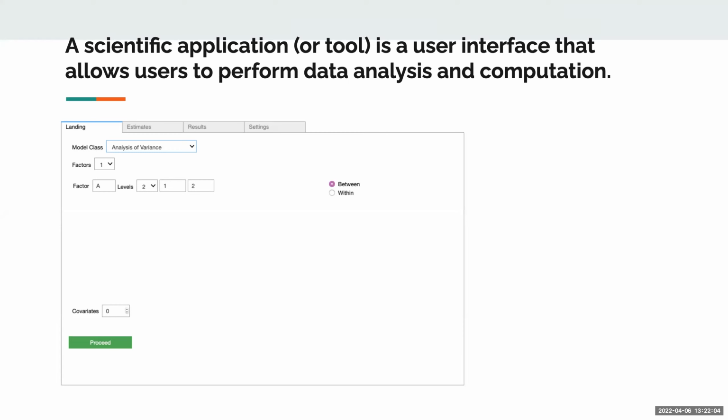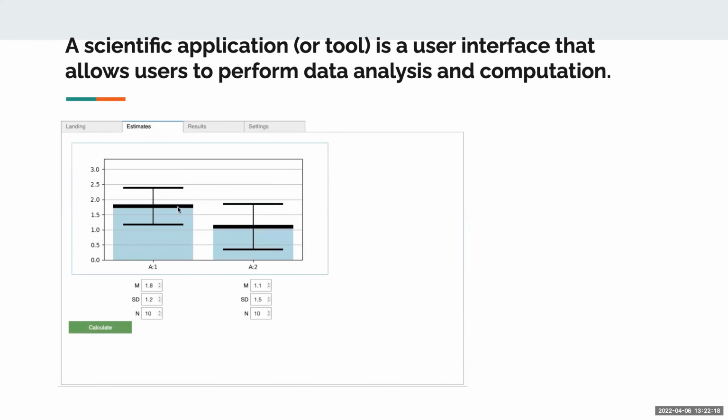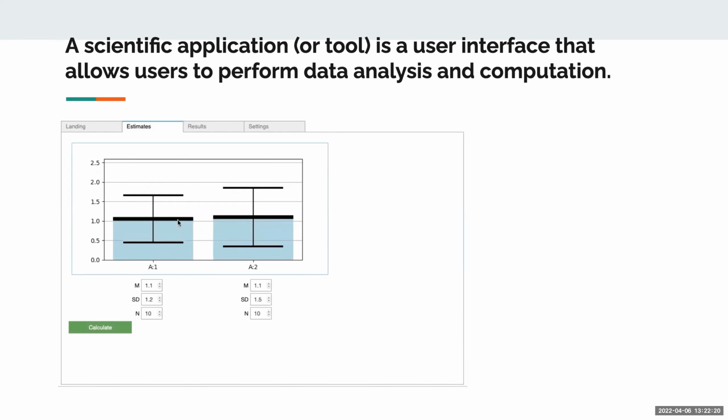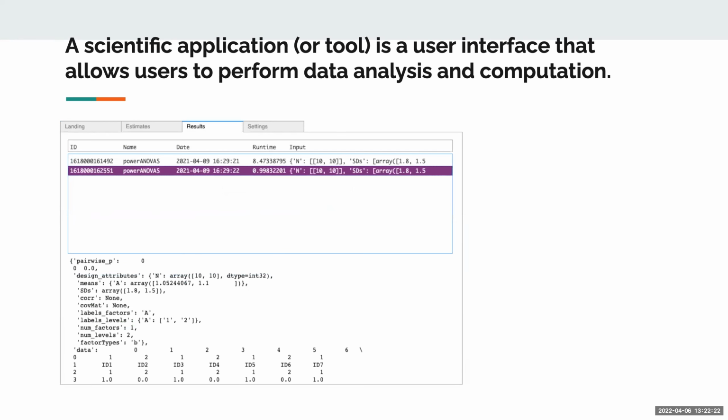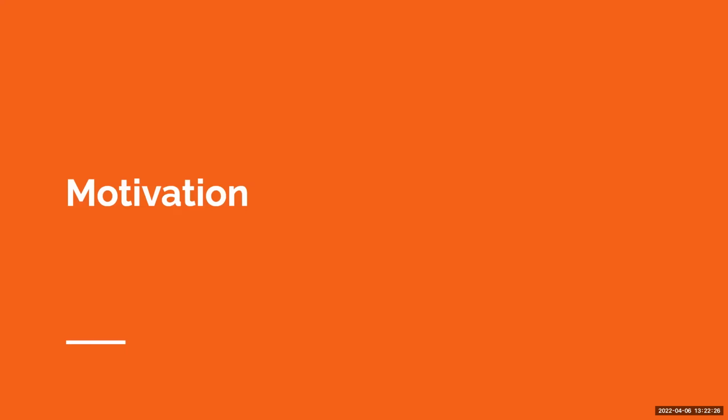But essentially, we want to take scientific code and wrap it up so it is more accessible to other scientists or people that might want to access some code or computational tool. So you can see this one's tab-based, and we flip through it to go through certain stages of computation or data processing.